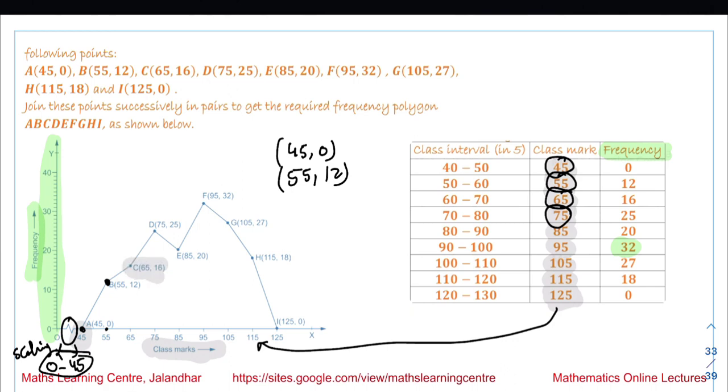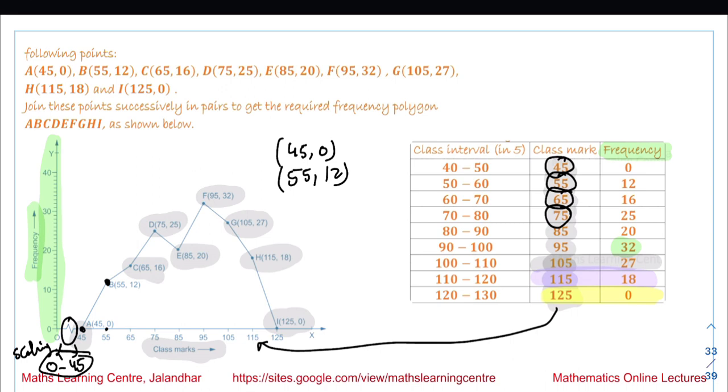Similarly, next we have 65 and 16, 75 and 25, then 85 and 20, 95 and 32, 105 and 27. Then 115 and 18, and the last point we have is 125 and 0.